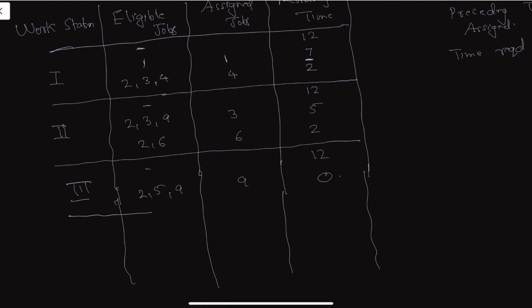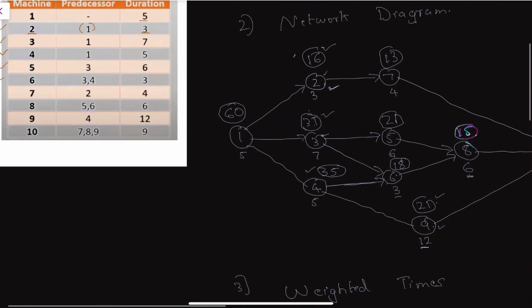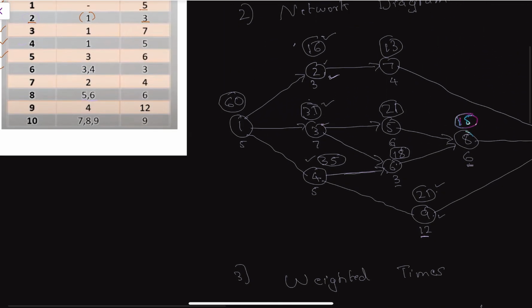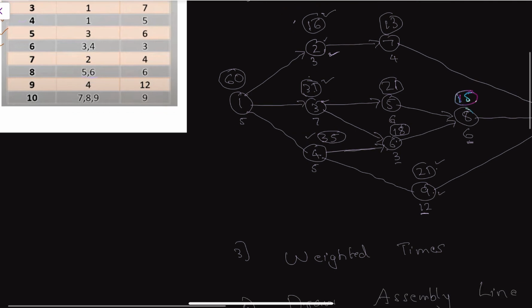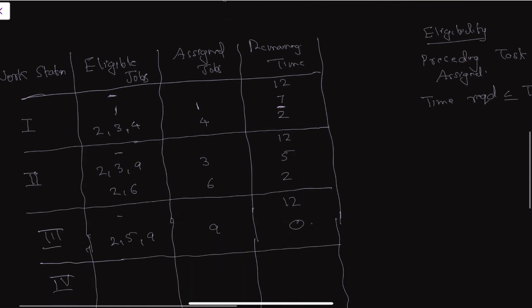So workstation 3 is over, and we will move to workstation 4. Now the remaining jobs are 2 and 5. 8 cannot be selected because 5 is not completed, and 9 is already assigned.